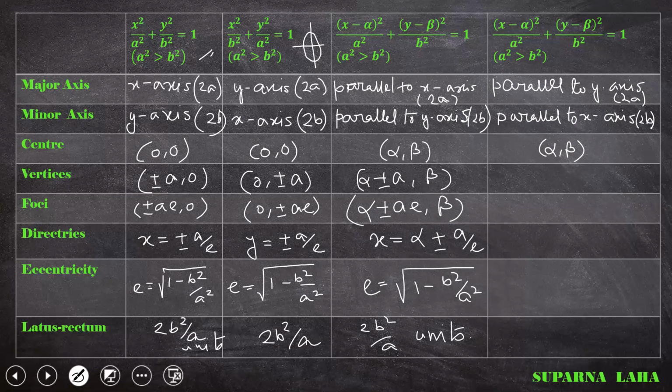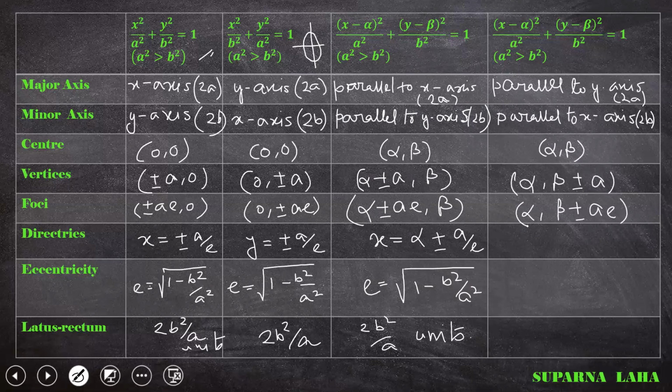So in that case, the coordinates of the vertices will change into alpha comma beta plus minus a, and the coordinates of the foci are alpha comma beta plus minus ae.